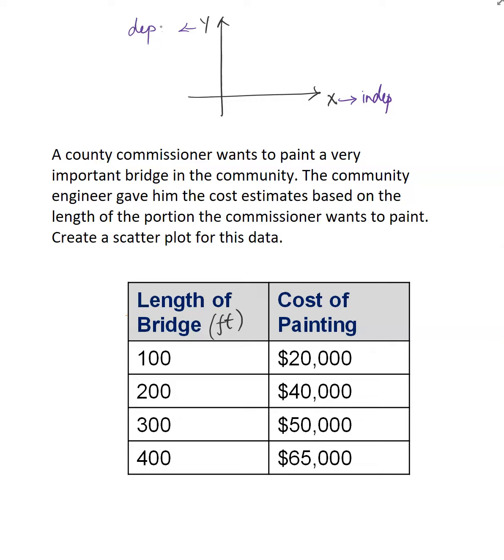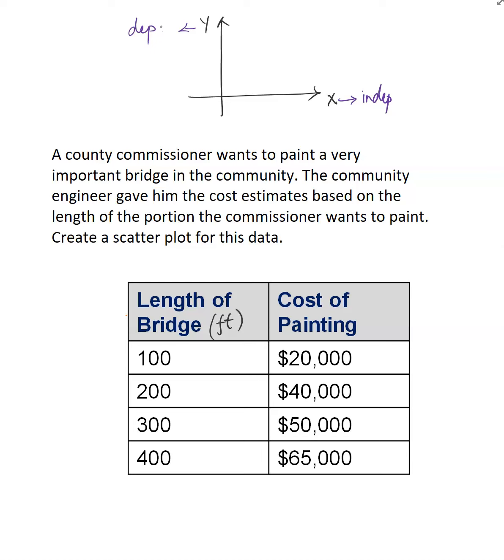You can begin to see that the length of the bridge is not going to change, but the cost of painting is affected by the length of the bridge, isn't it? If you want a 100 feet length of bridge, it costs you 20,000. The length defines what the cost will be.